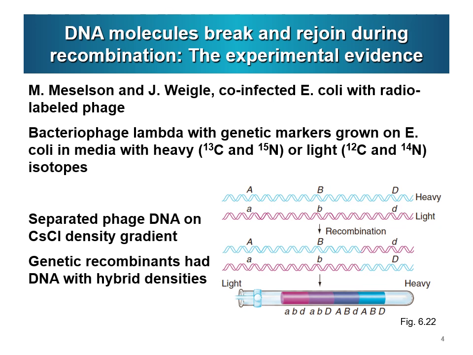Here they found that the genetic recombinants had DNA with hybrid densities, which you can see nicely presented in the picture.